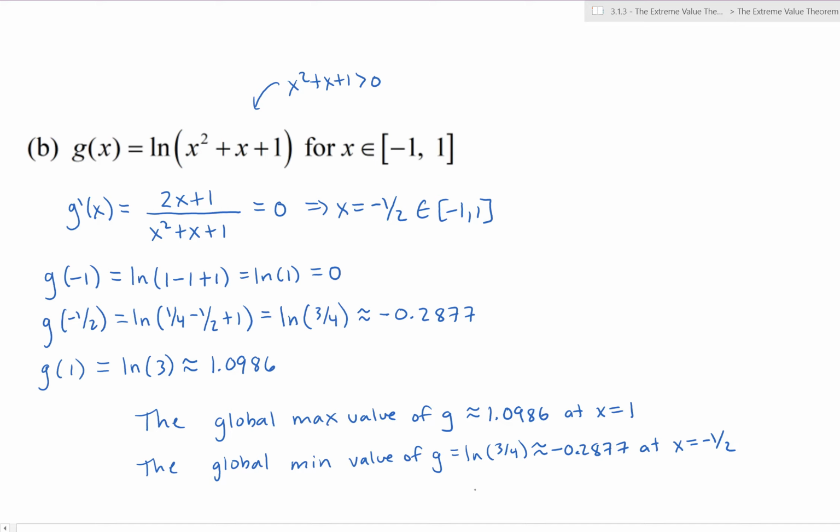And of course, this is over the interval of x's from -1 to 1. So in this case, one of the global extrema was at an endpoint, that being our global max at x equal to 1, and the other global extreme value, the global min of the function, actually occurred at the critical point.